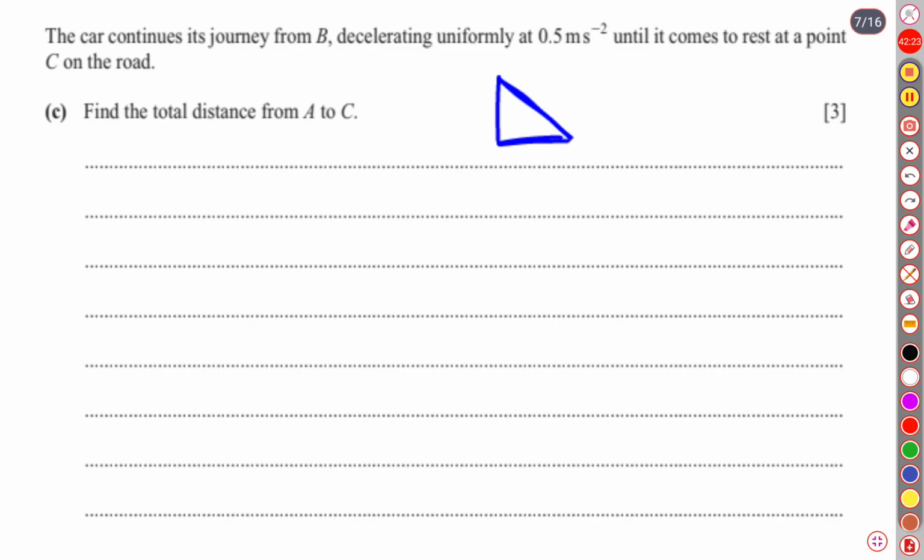So initial velocity was 27 minus 0.2t, and final velocity was 0. So t is actually, we have just found, t is 20. So here our initial velocity was 27 minus 4, so it is 23 actually.